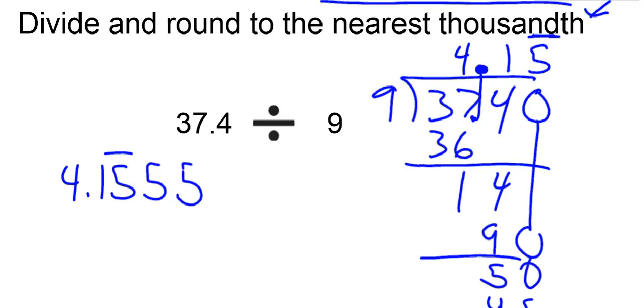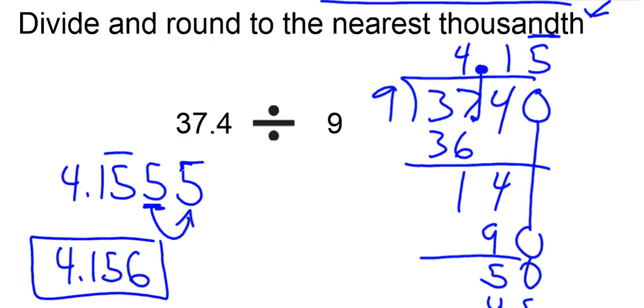I got to start showing that thousandths so that I can say, okay, look back 1, round up, and in the end, this becomes the final answer because the problem asked for thousandths. So we recognize the repeating decimal, which is good. However, we also want to understand that the repeating decimal might not be the answer that it's asking for. So reading the question carefully is important.